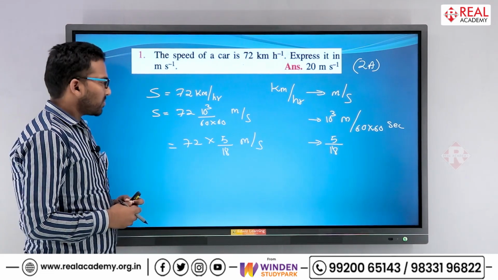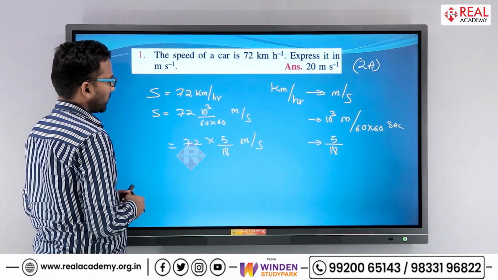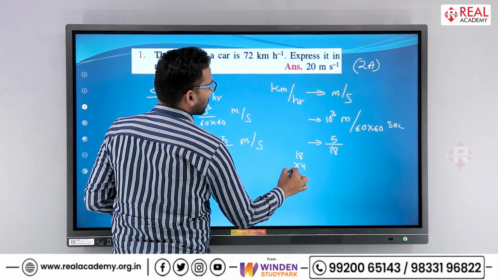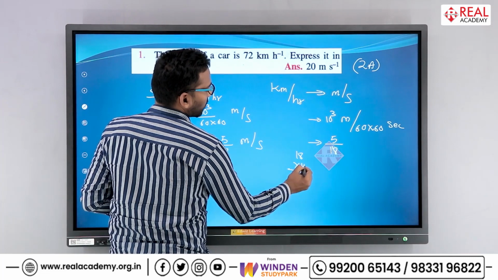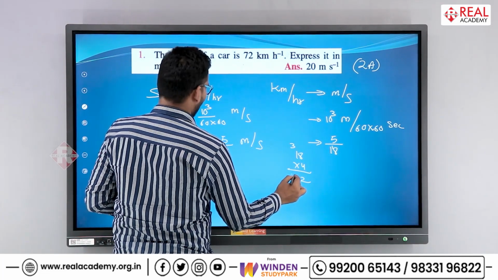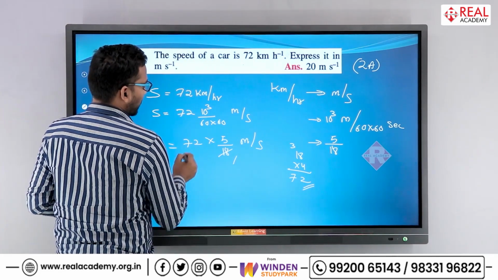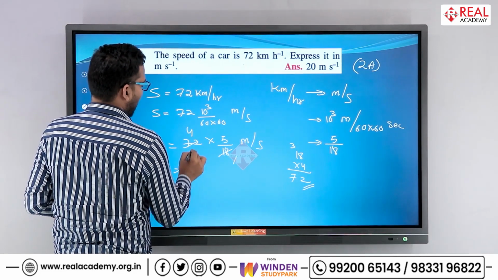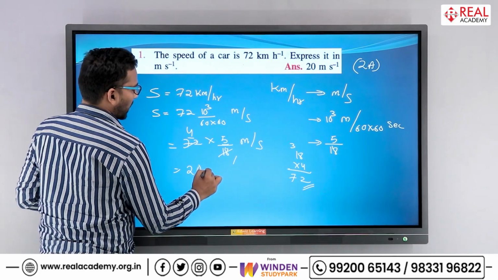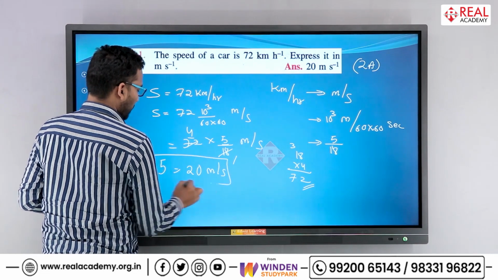Clear with this? So how to take this thing? Okay. So if you know the value, 18 fours are, that is 4 8s are 32 and 4 1s are 4, 5 6 7, you will get the answer as 72, that is 18 4s are 72, and 4 into 5, the answer you people know is 20 meter per second, right?